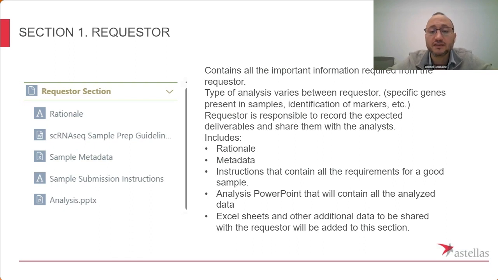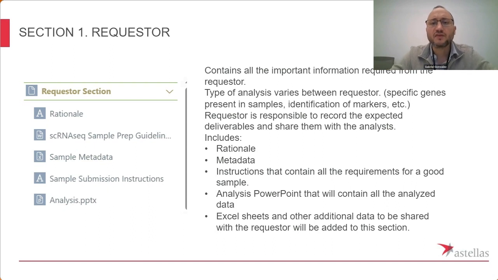We also have the Excel sheets that give us additional information for the requesters to annotate, or give us a copy of the particular sample that they were submitting, the date stamps and all the signatures required. We also have the analysis PowerPoint.